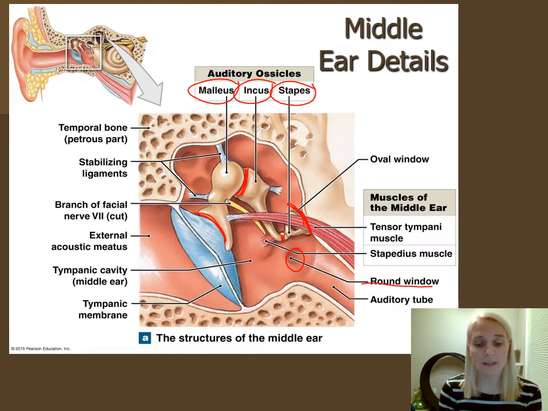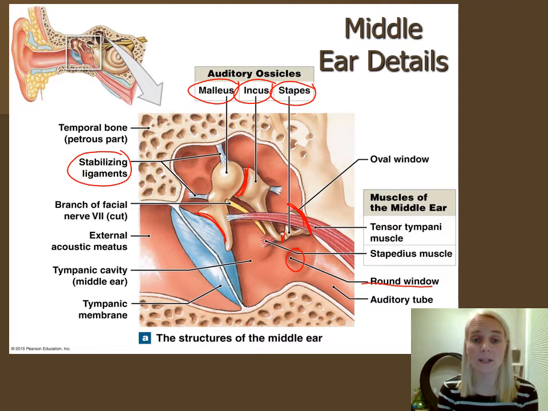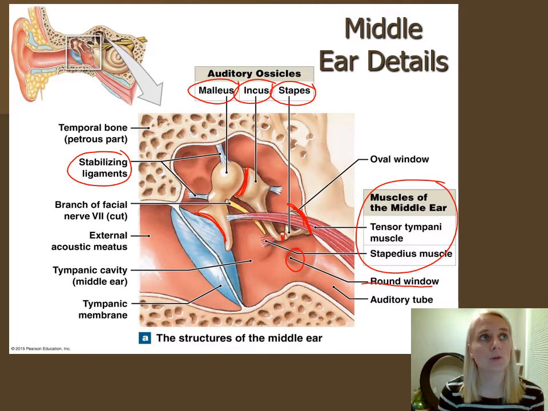In this picture, we can see a couple of accessory structures. We can see some ligaments that help to stabilize and hold those bones in place. And we can also see some muscles, the tensor tympani and the stapedius muscle. They help to prevent damage to your more delicate inner ear structures.